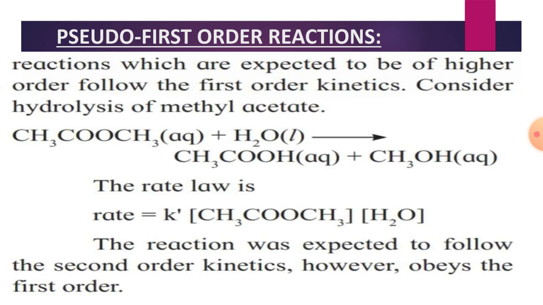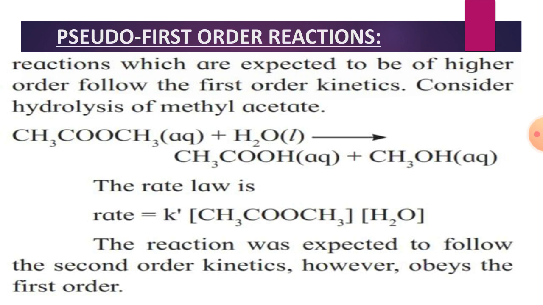Let's keep the products aside. We should concentrate on the reactants. So according to the rate law, rate is directly proportional to the concentration. Here we have two different reactants, right?